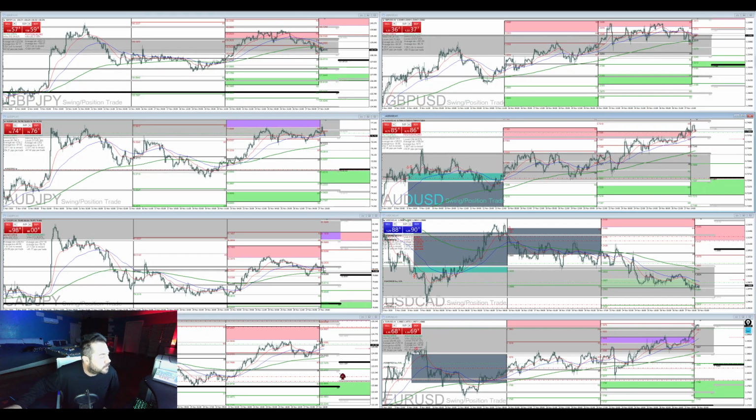Let's double check here. Okay, it is the Australian yen.